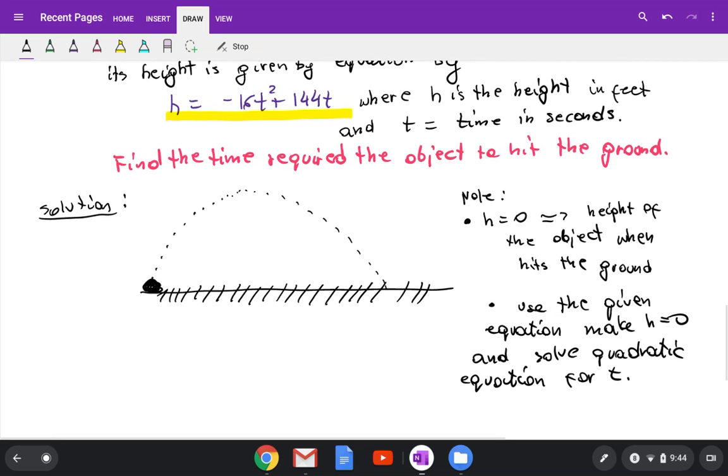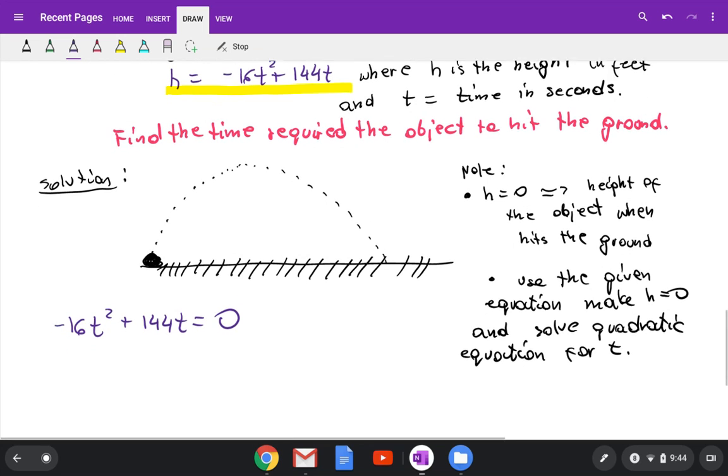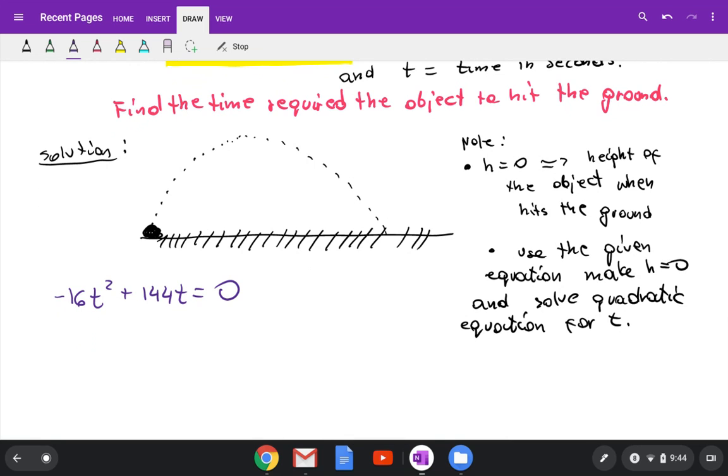The given equation is we have negative 16t squared plus 144t is equal 0. So this is nice equation to solve. What I will do first, just to make it simple, you can always divide both sides by negative 16.